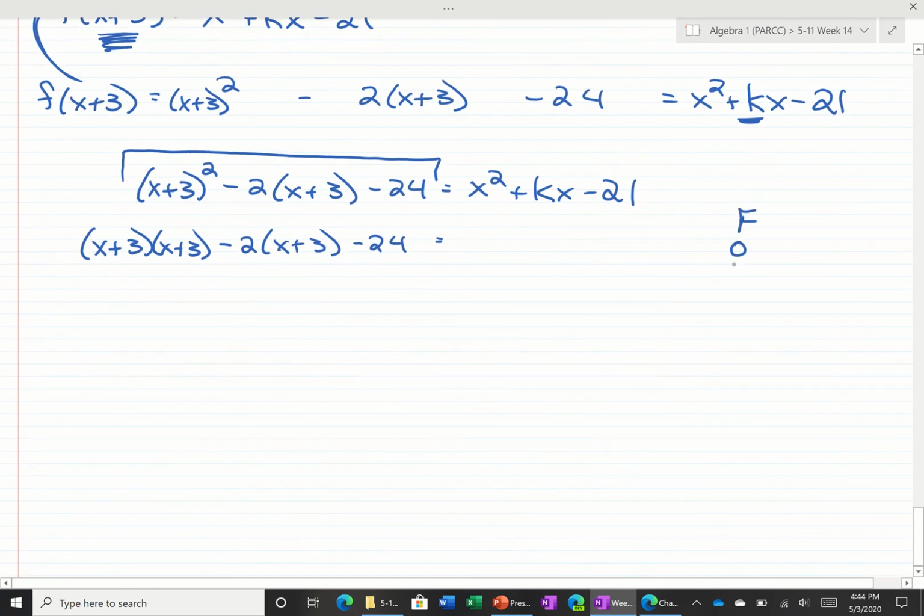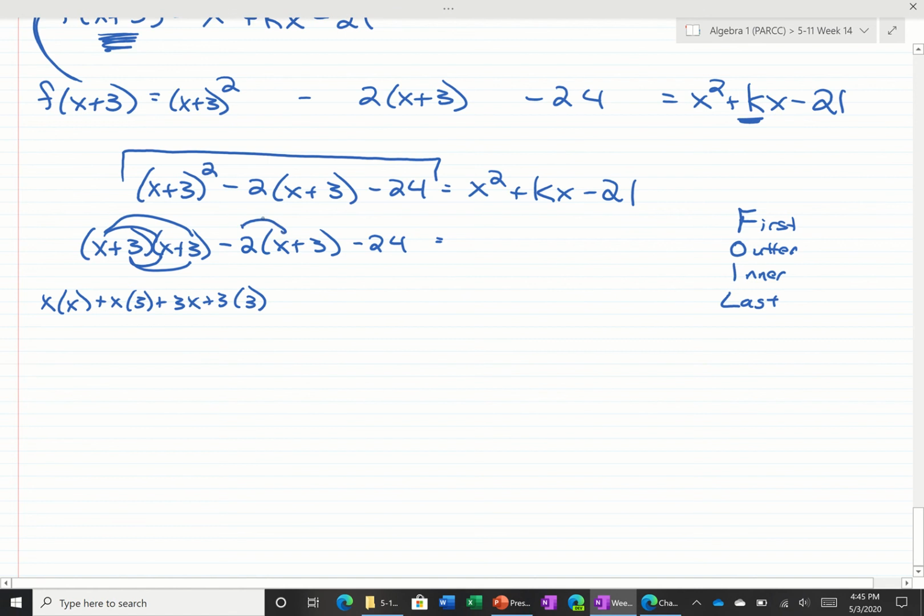Remember when we talked about FOIL? We're going to multiply the first terms together, the outer terms together, the inner terms together, and the last.